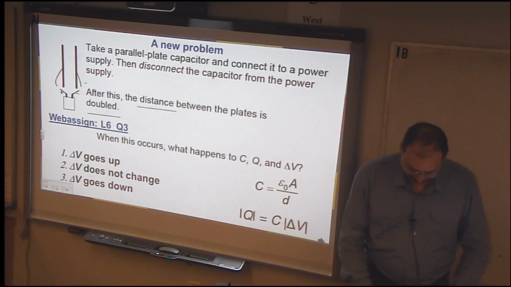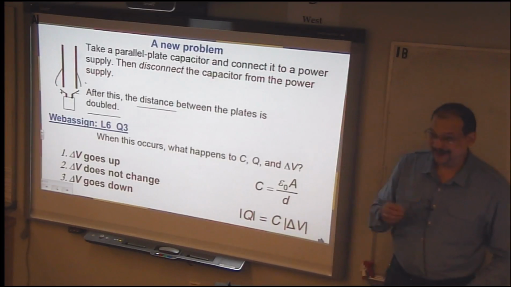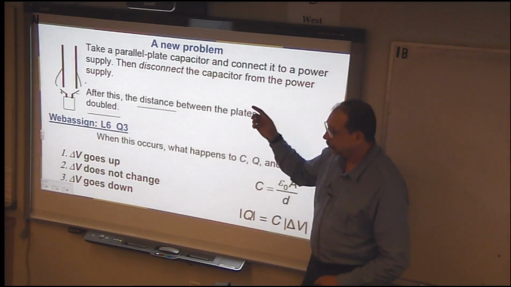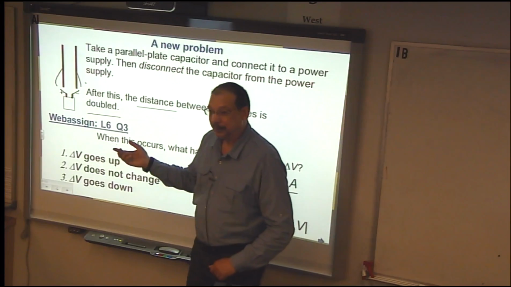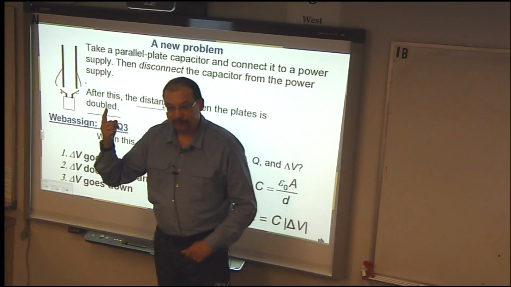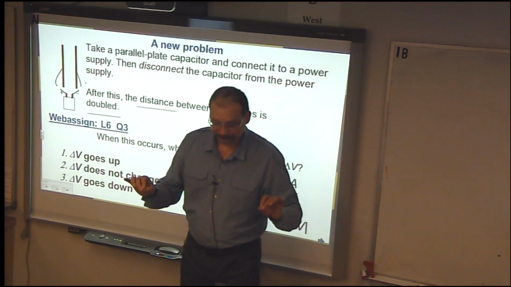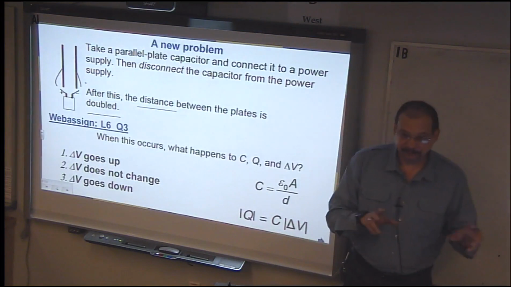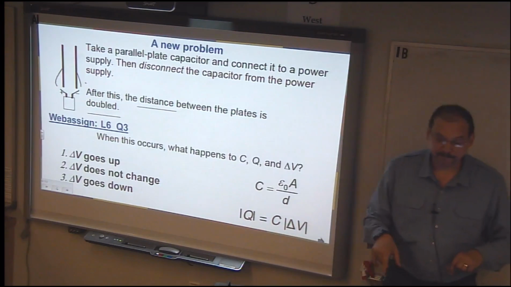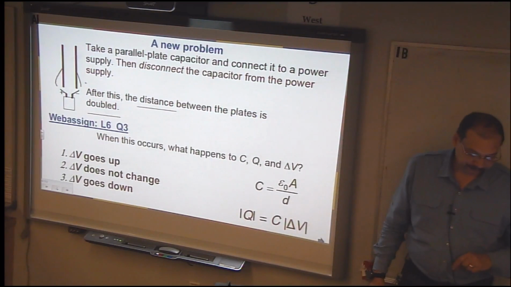All right, now a different situation. We use the same capacitor. We connect it to the battery. We charge it up, but then we disconnect the battery. So please take a minute, process it, because I'm going to switch. What is happening to voltage?